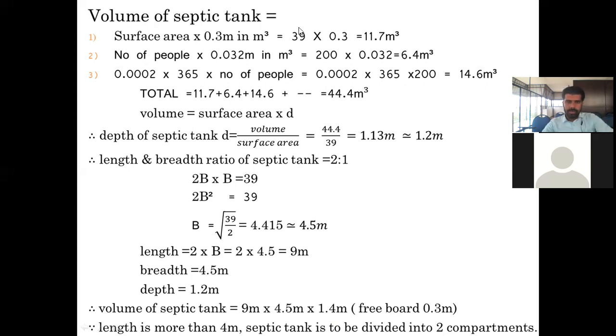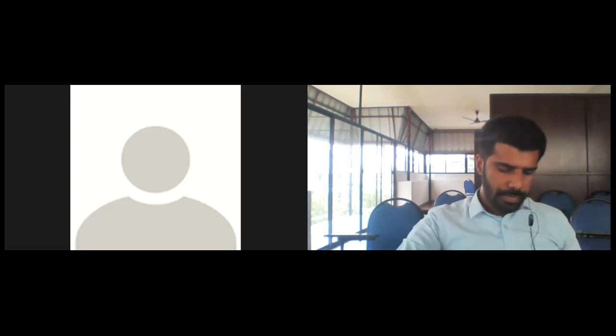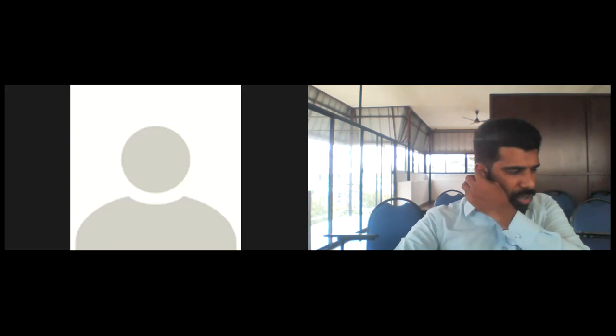So this is the way that we will be finding out the septic tank. Is there any doubt in this manual calculation? Now we are going to move forward to the Excel sheet. Is there any doubt in these 2 methods of calculating the septic tank? I'll send you the video. Just go through it 2 or 3 times.